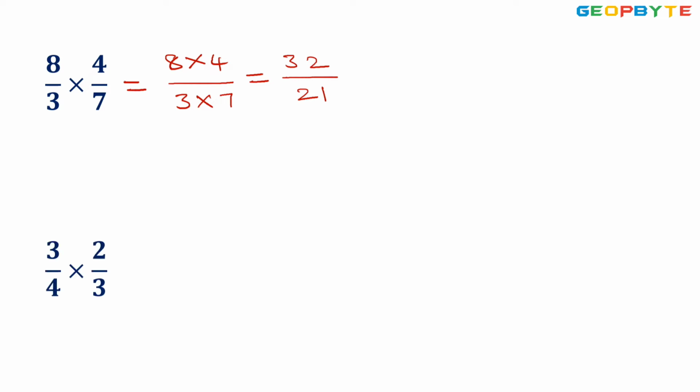Next question. 3 by 4 into 2 by 3. Again, product of numerators: 3 into 2 by 4 into 3. 3 2s are 6. 4 3s are 12. So the result of 3 by 4 into 2 by 3 is 6 by 12.